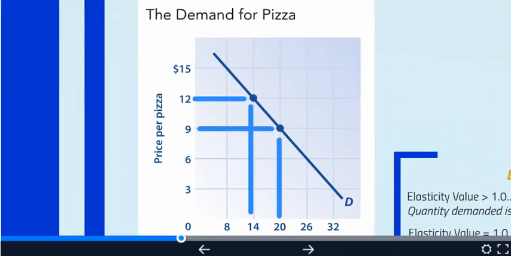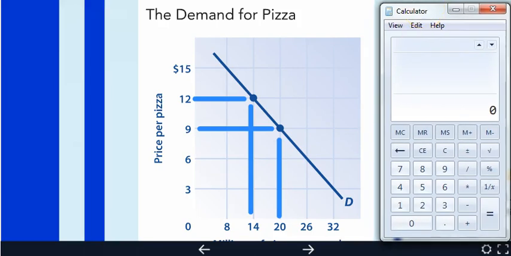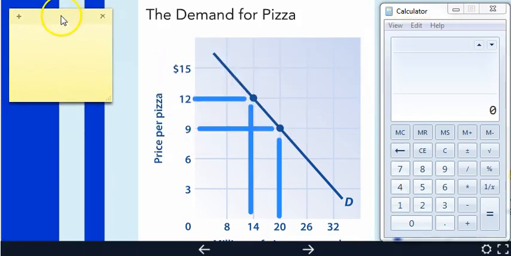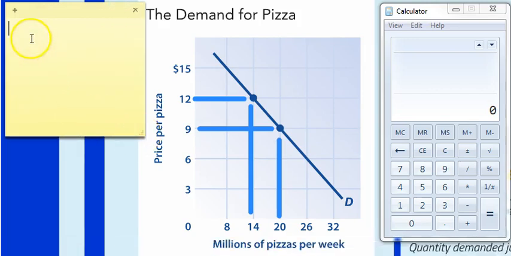If we just look at the demand for pizza, the price per pizza changes from $12 to $9.